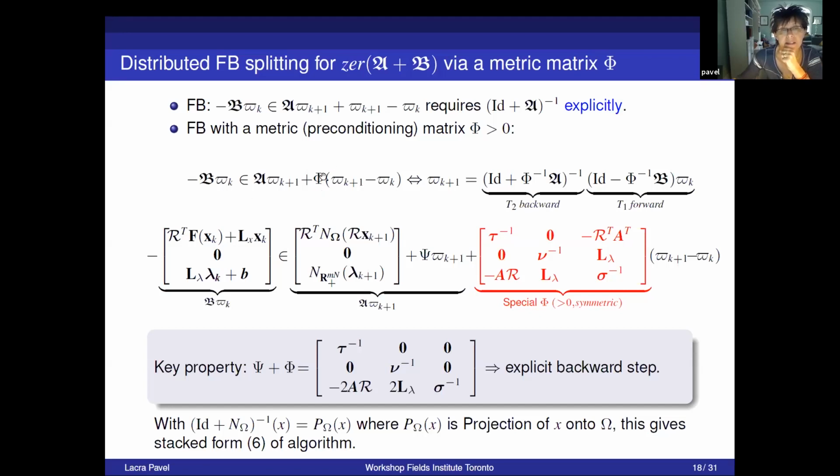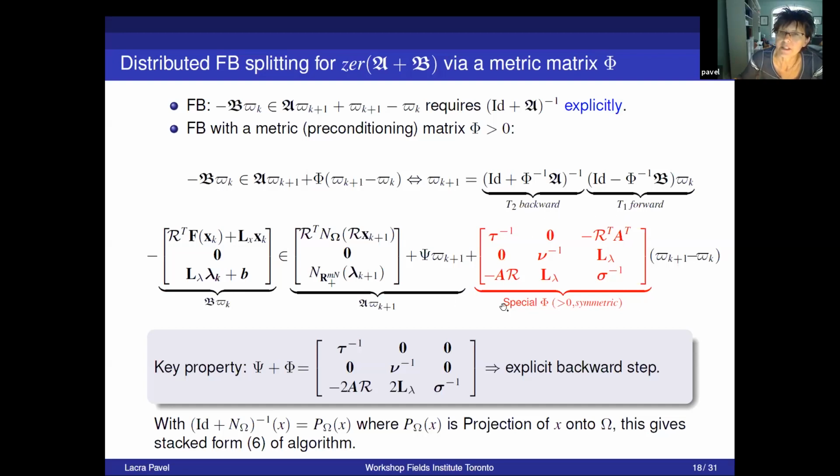So this is as if I don't use identity, but a matrix phi. And this is equivalently shown to the left here in the middle, where now I have a resolvent of a preconditioned operator. And by properly selecting this preconditioning matrix, one can actually have this backward operator, this resolvent, computed explicitly in a distributed manner. And to do that, this metric matrix that we introduced is shown in red.